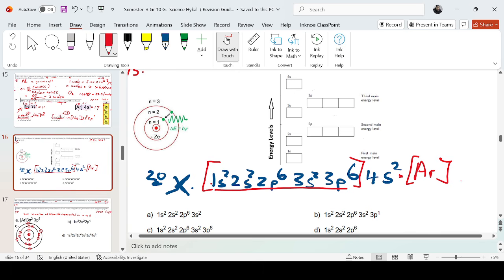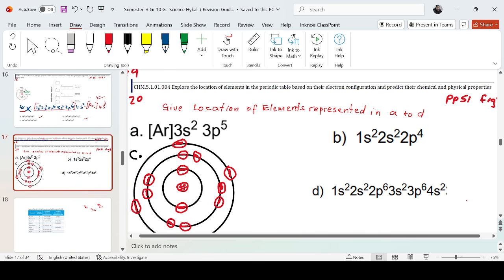After argon, I have 4s2. This is the noble gas notation of this element. Ask in class, we can clarify further. Give me the noble gas notation of these ones and show me in class. Let's go to number 20.